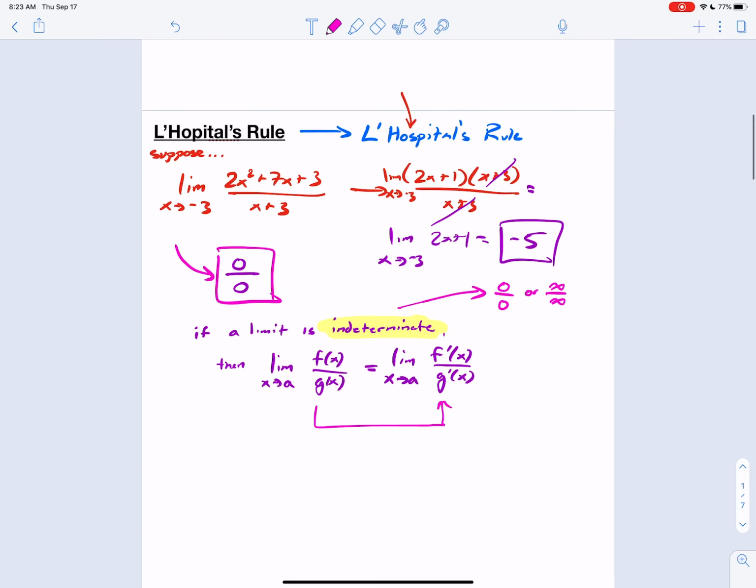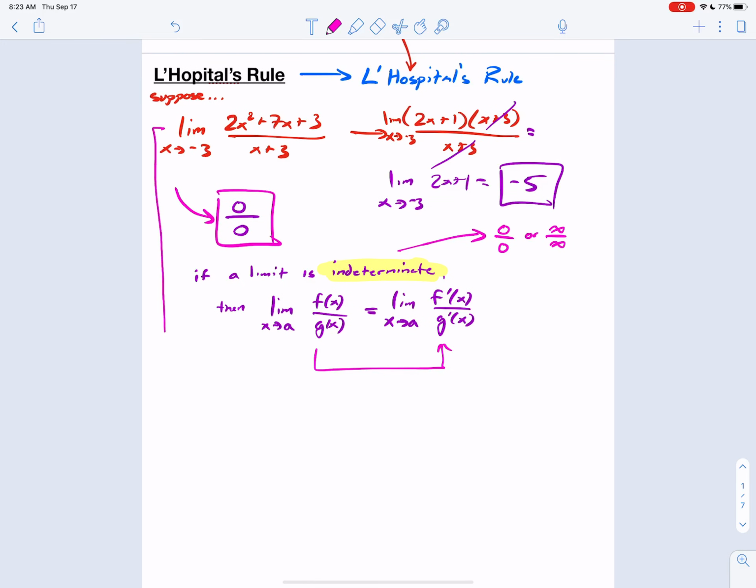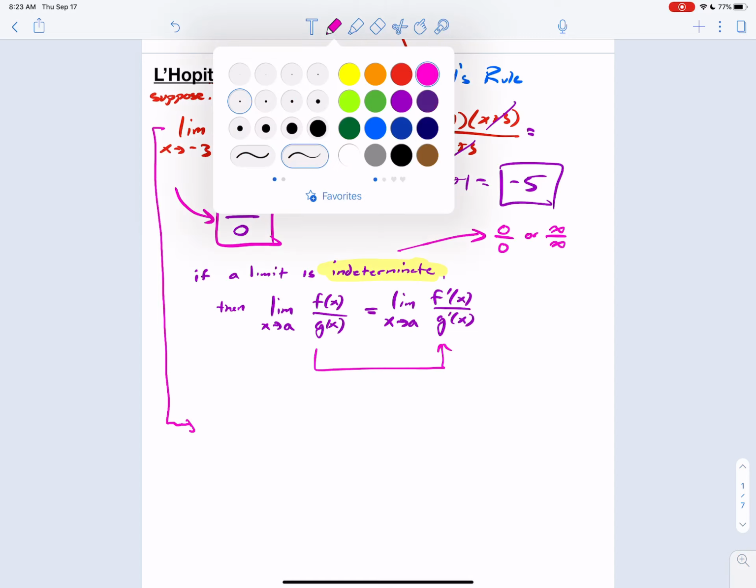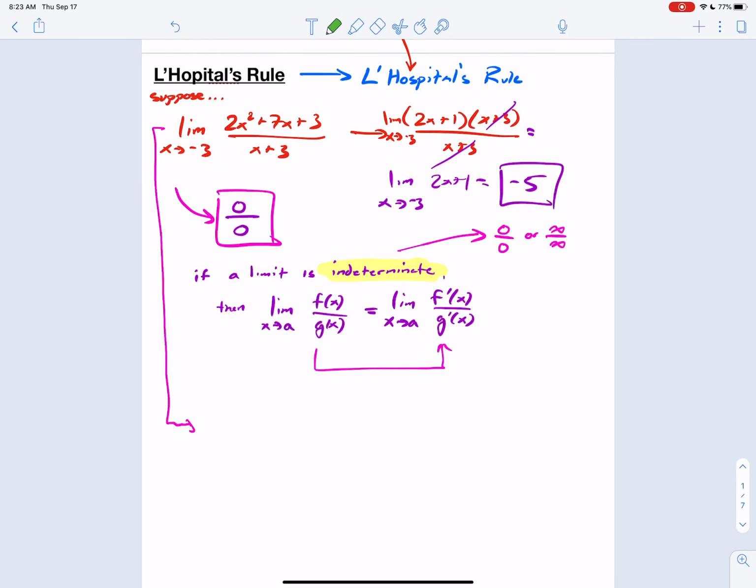So let me show you in the same example that we just did here. This is exactly how you guys would do it. We're going to take the limit of 2x squared plus 7x plus 3 all over x plus 3 as x approaches negative 3. I'm going to directly substitute like always. Nothing has changed. I find out that it comes out to 0 over 0.